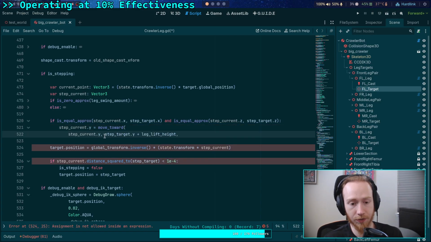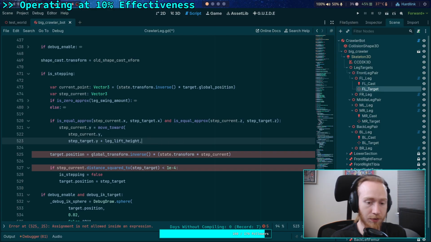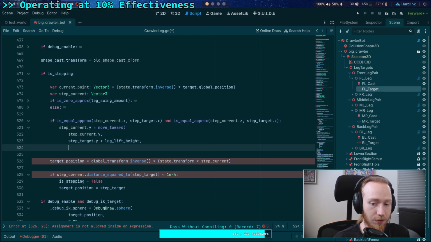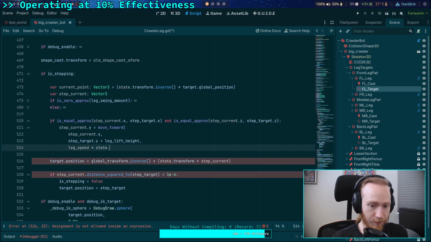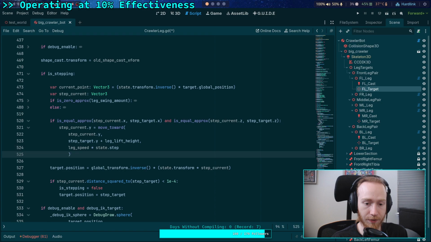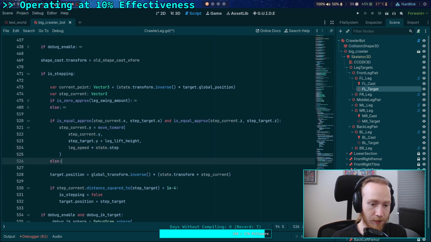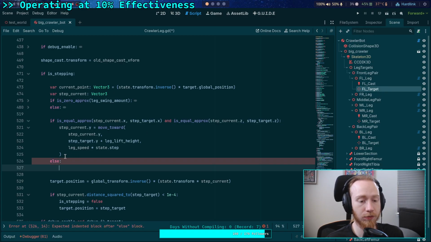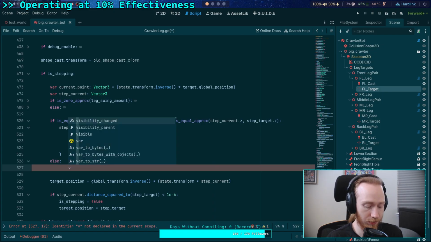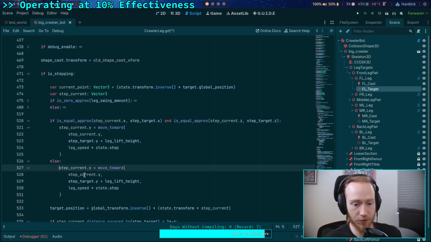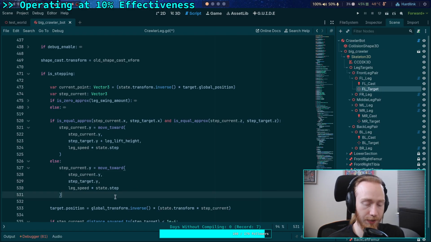And then it will be that, I guess. And then otherwise I move it to just that height.